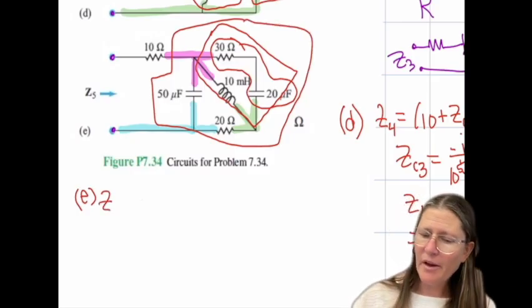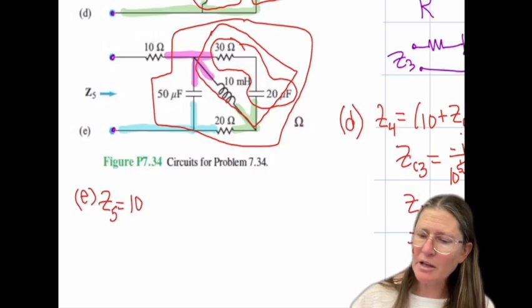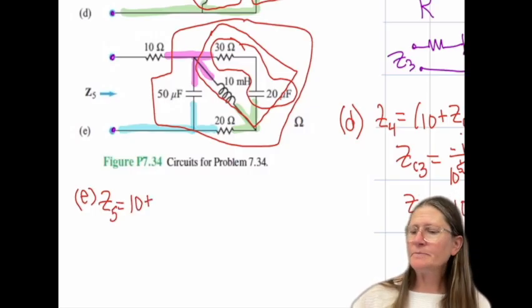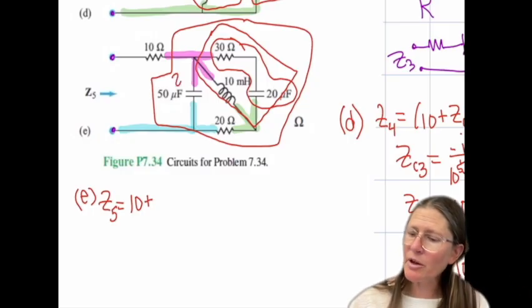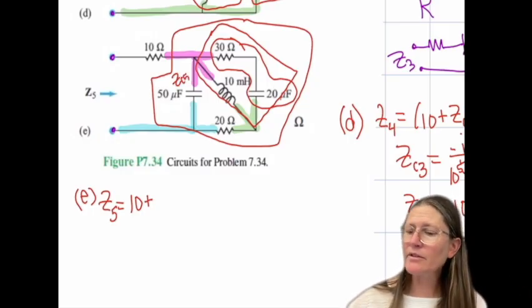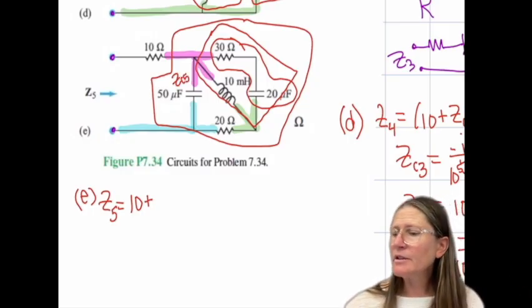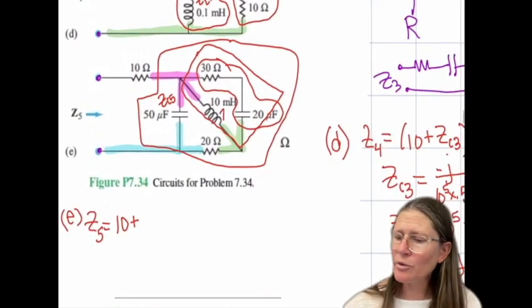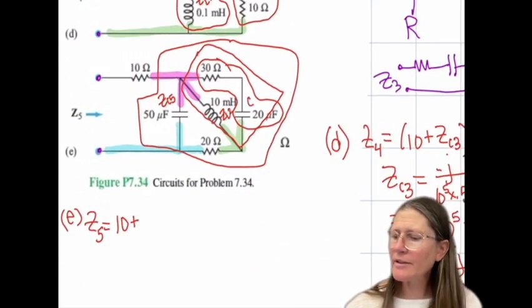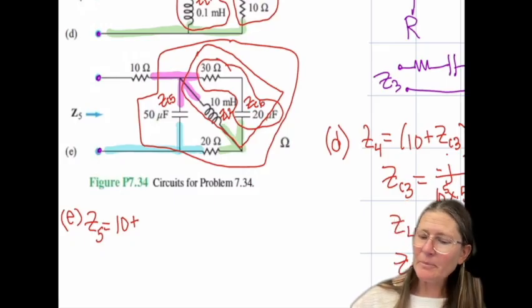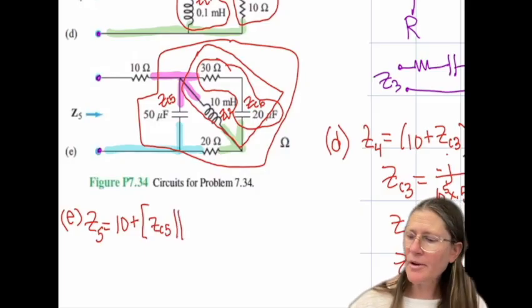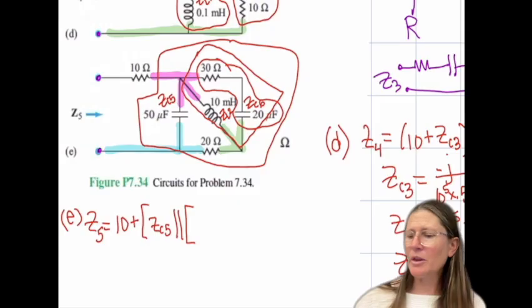So Z5 will be 10 plus the 50 micro, I'm going to call that ZC5, ZL2, and this is ZC6. Okay, so then it's ZC5 in parallel with all of those.